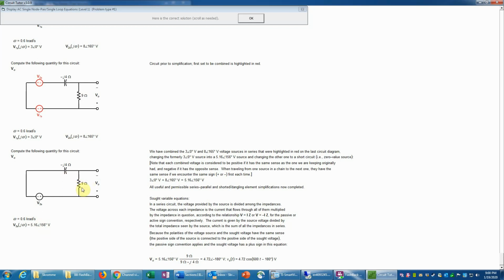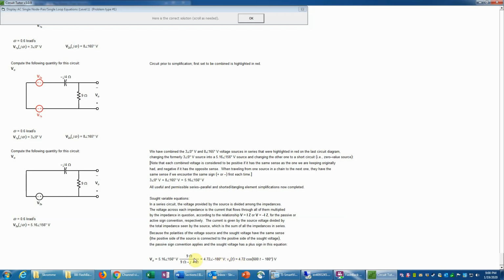And then it has the impedance with the sought voltage, the 9 ohm, divided by the sum of that and the other impedance, which is negative J4. And then this expression is simply evaluated on a calculator to give us this value in the polar form, as you notice. And then that's converted by doing an inverse phasor transform into the time domain.